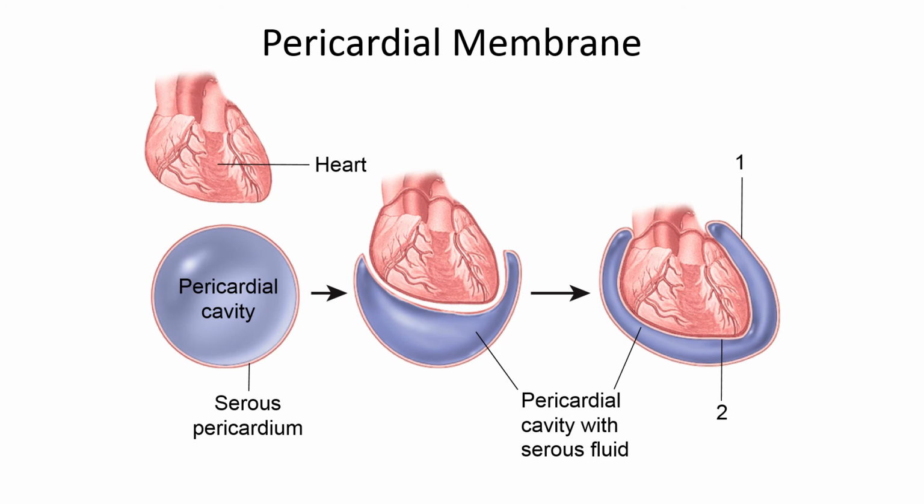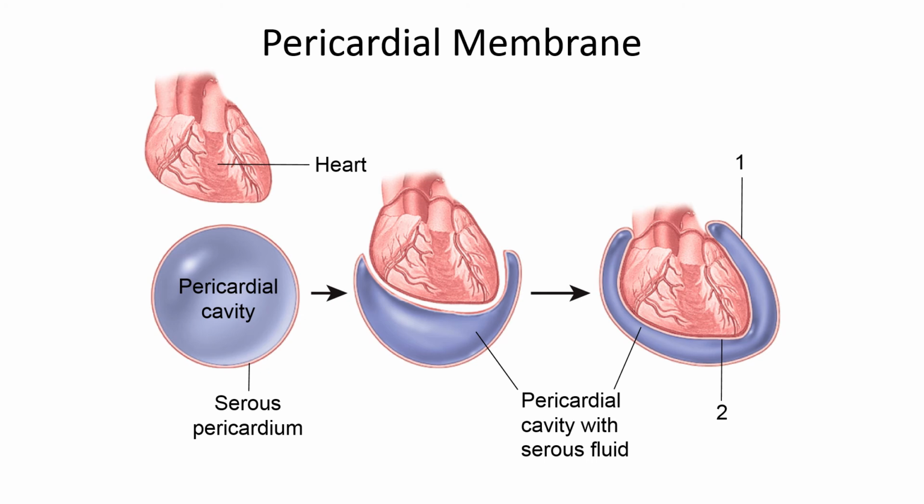So this pericardium or pericardial membrane surrounds the heart, and you have the parietal layer out here and the visceral layer next to the heart, and then you have fluid in the middle. The reason you have this is because the heart's moving, and the fluid allows the two membranes to slide past each other, and it greatly reduces friction.